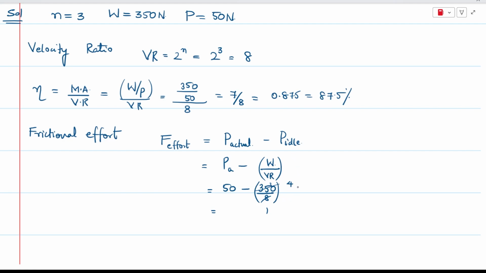So 8 threes are 24, and 6 remains. 6 by 8 is 3 by 4, which is 0.75. So this would be 43.75. So 50 minus 43.75 is 6.25 newtons, which is the friction lost, or the frictional effort that has been lost.